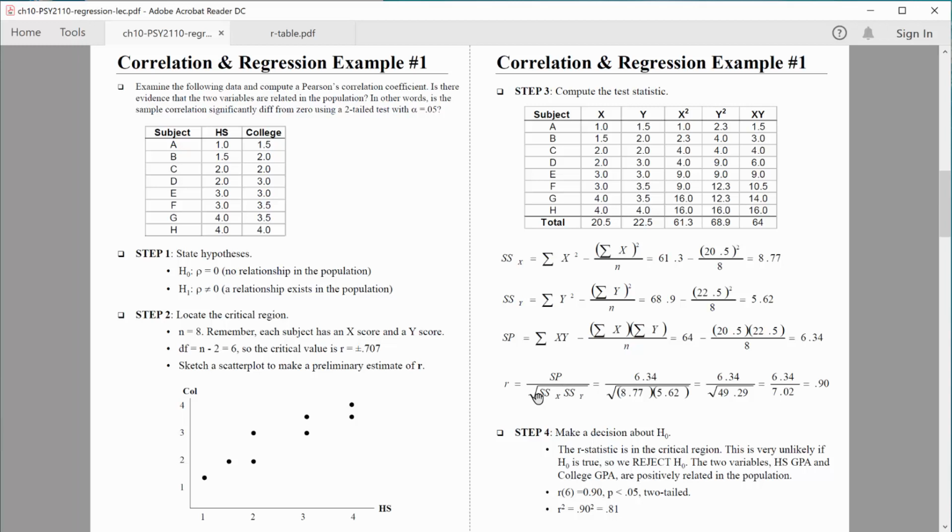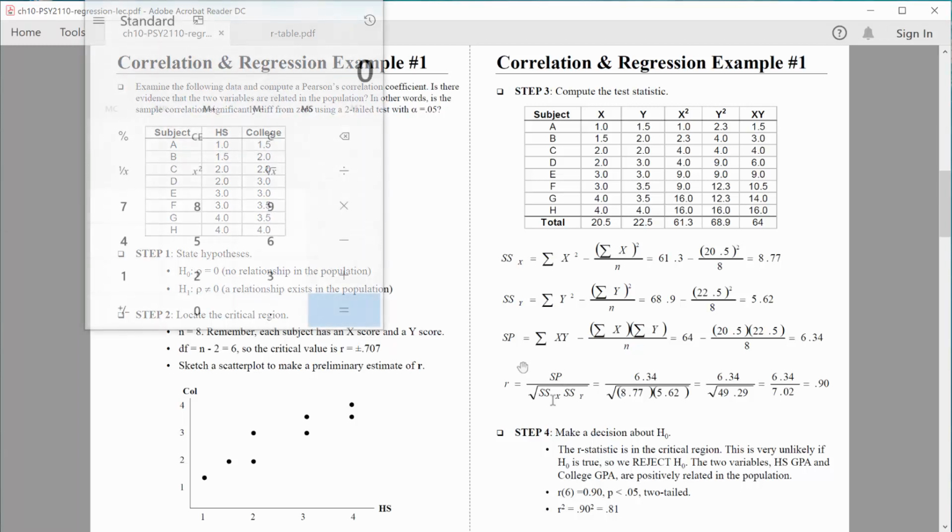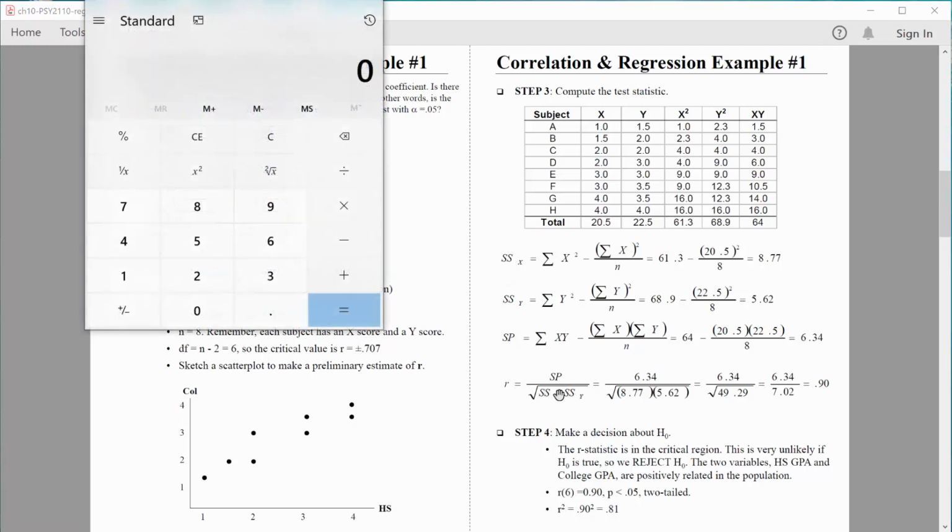Let's go ahead and walk through the computations together. Be careful with this formula right here. It tells us to take the sum of squares for the x variable, multiply by the sum of squares for the y variable, and then once we find that product, we need to make sure we take the square root of it. So we have 8.77, that's the sum of squares x. We're going to multiply that by the sum of squares y, which we can see is 5.62.